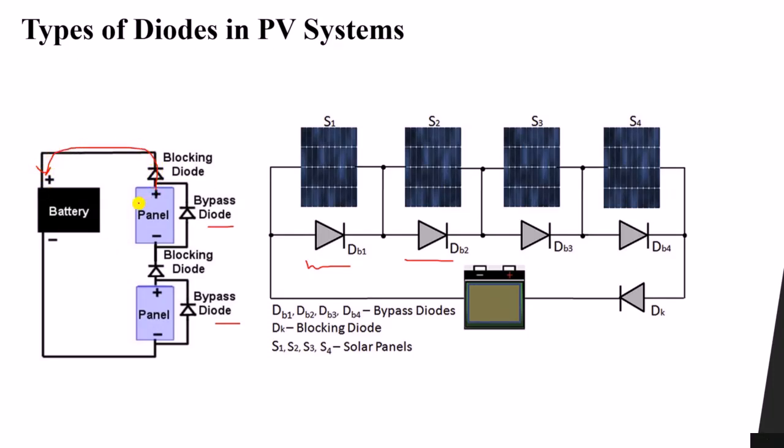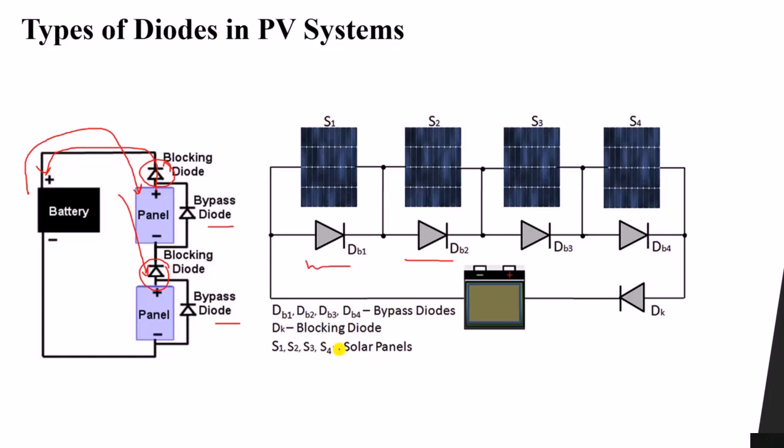At night the panels do not produce any power. If there is no blocking diode, the battery will start giving electrical power to our panels, which will lead to burning of the panels. So we need a blocking diode in order to prevent the power flow from the battery to the panels at night.